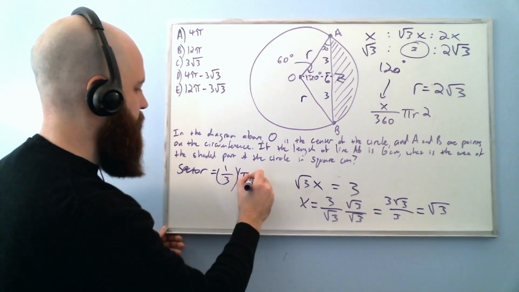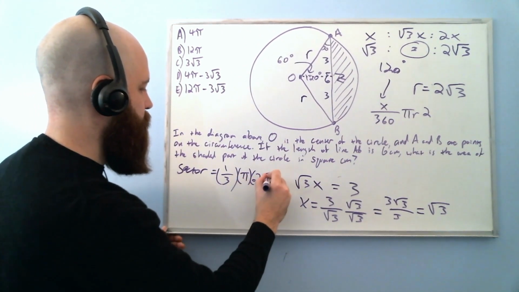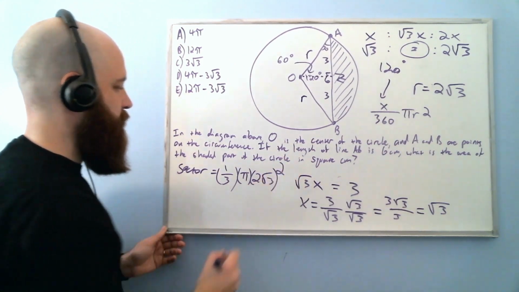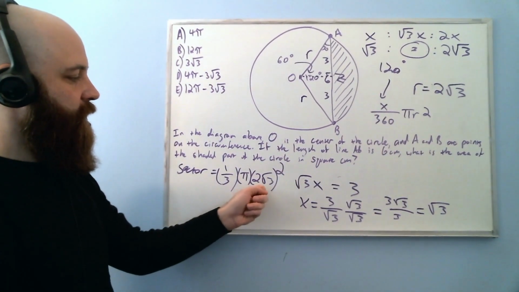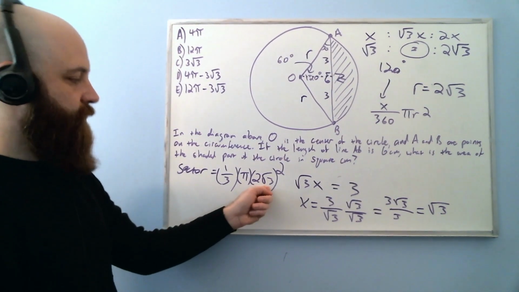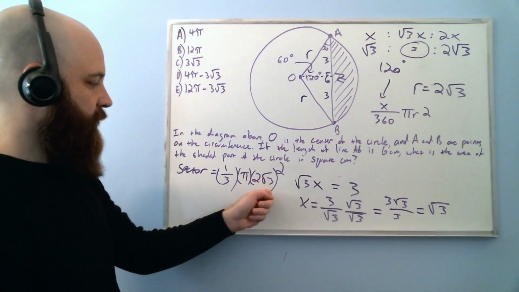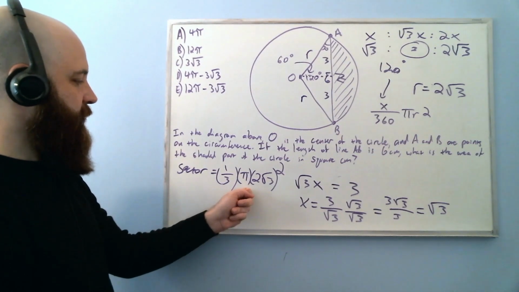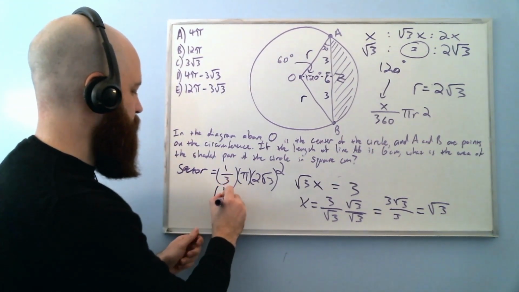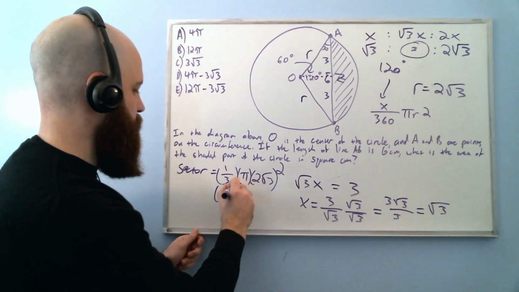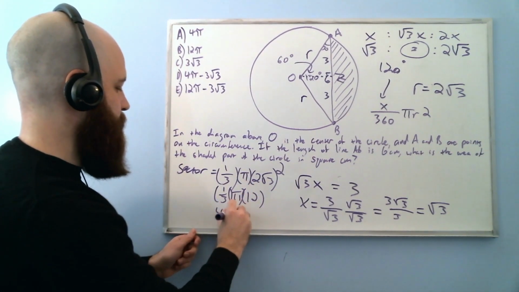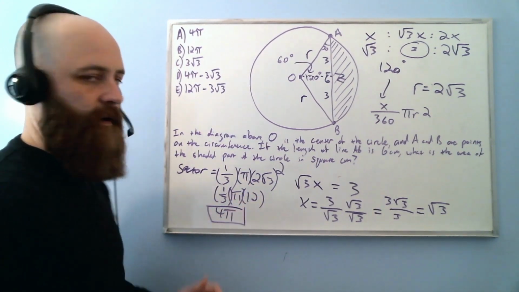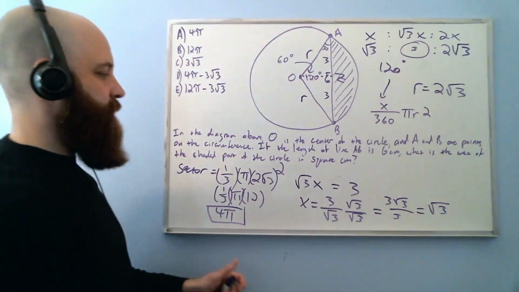So times pi times 2 root 3 squared. Well, let's see. 2 squared is 4. Root 3 squared is 3. So 4 times 3 is 12. So 12 pi times 1/3, and that's equal to 4 pi.